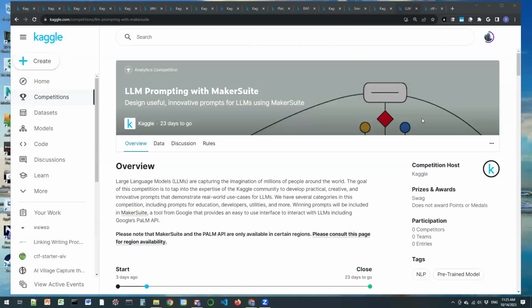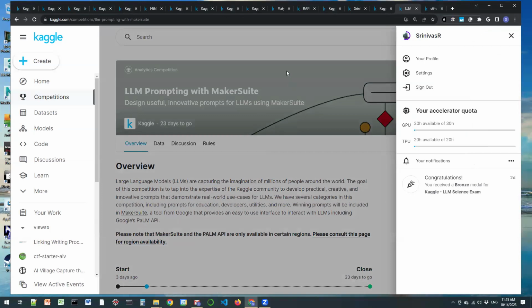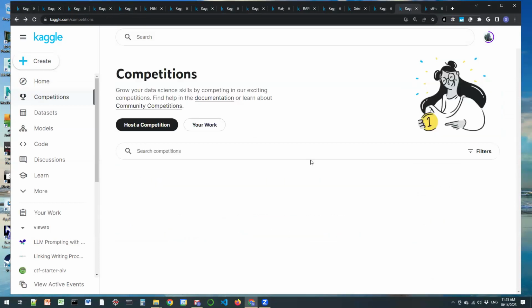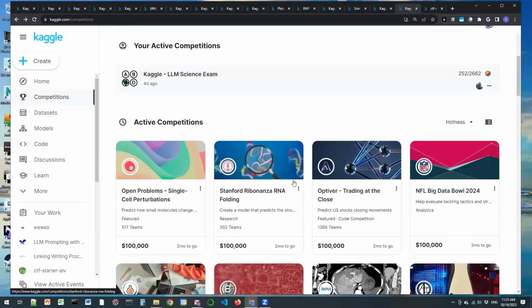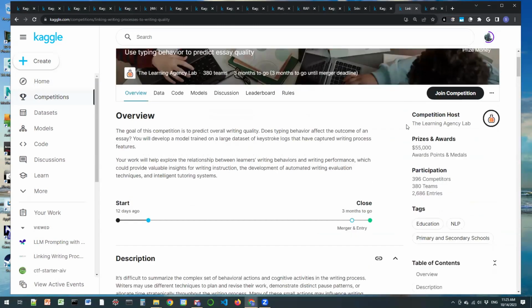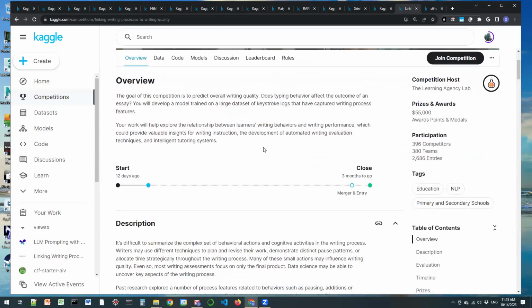Other than this one thing, which is not this Maker Suite one, but this one. I don't know whether this is as much an LLM thingy.